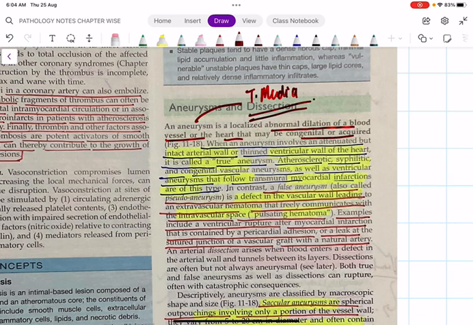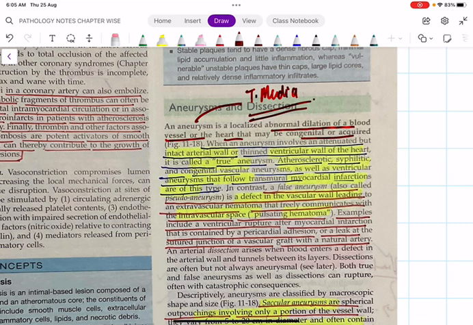So what is the basic difference between true aneurysm and false aneurysm? In true aneurysm, the vessel wall is intact. Fine. Whereas in case of false aneurysm, also called as the pseudo aneurysm, there is a defect in the vessel wall. Because of this defect, there will be an extravascular hematoma formation. This extravascular hematoma will freely communicate with the intravascular space.